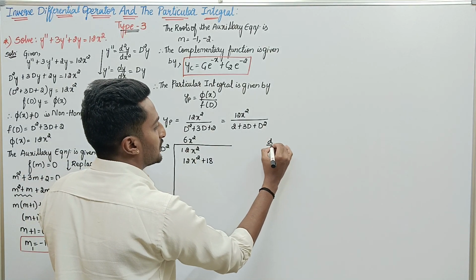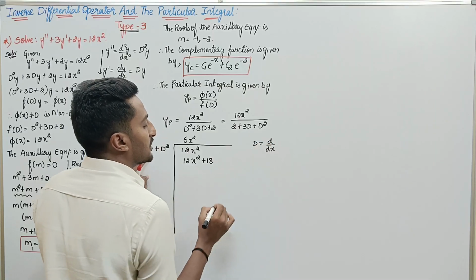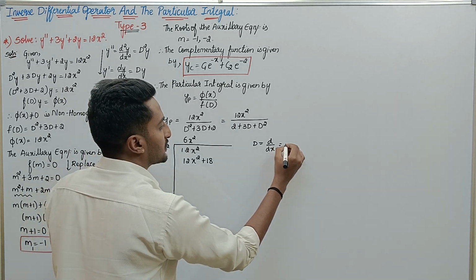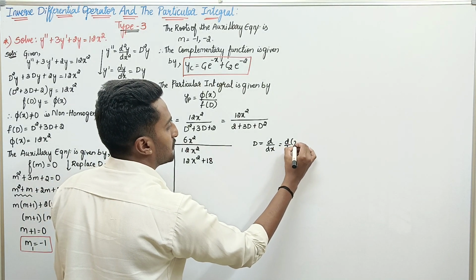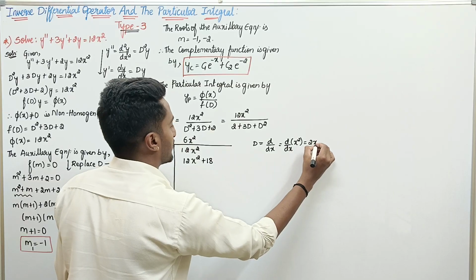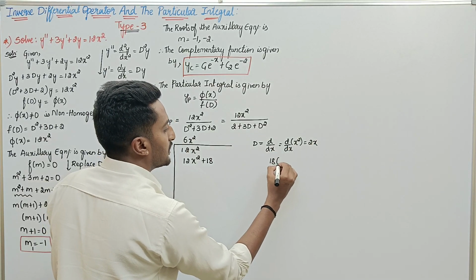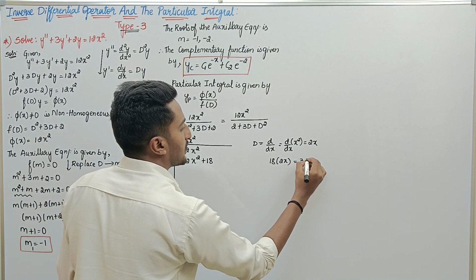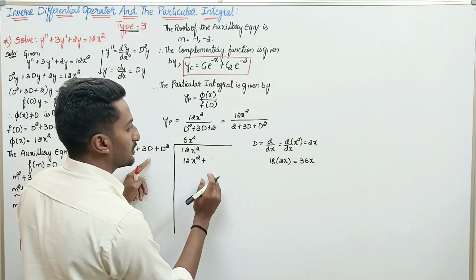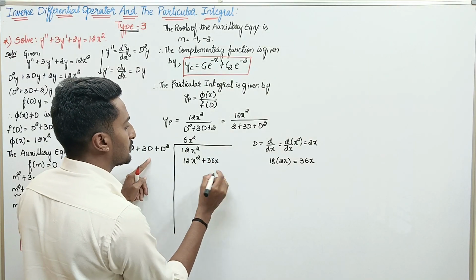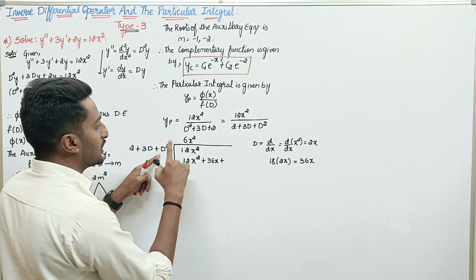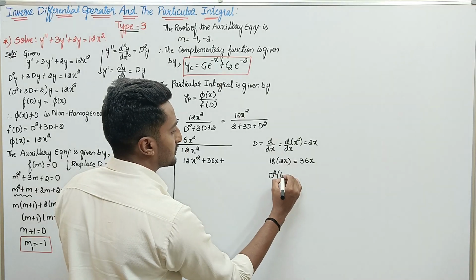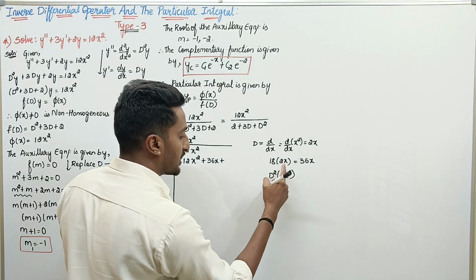D represents d by dx, so I need to differentiate x square with respect to x: d by dx of x square is 2x. 18 into 2x gives 36x. Next I need to differentiate twice 6x square, that is d square into 6x square.